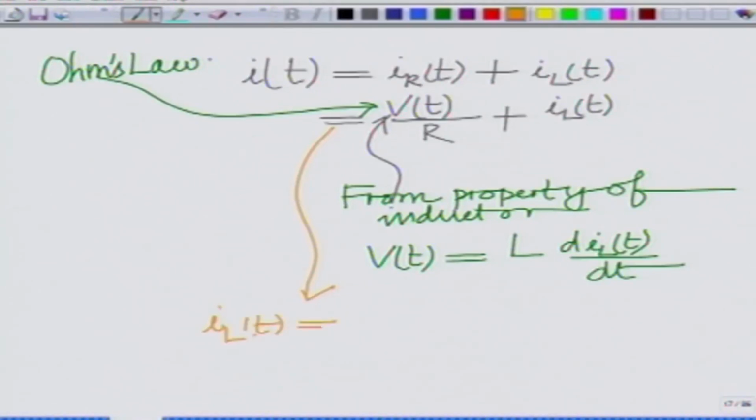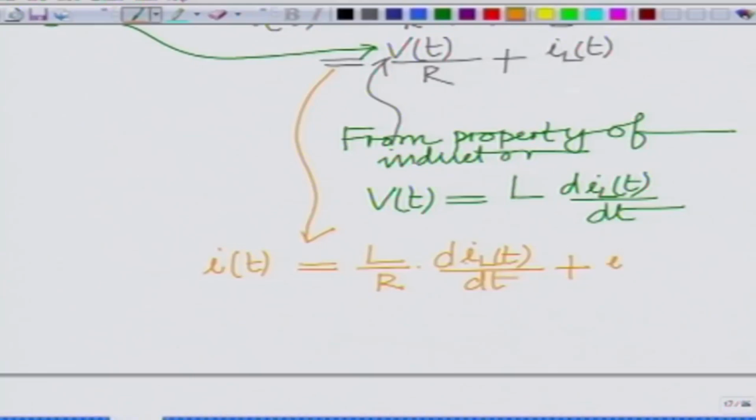I of t equals L by R d I_L of t by dt plus I_L of t, that is the current through the inductor, and we know this I of t is equal to x of t.